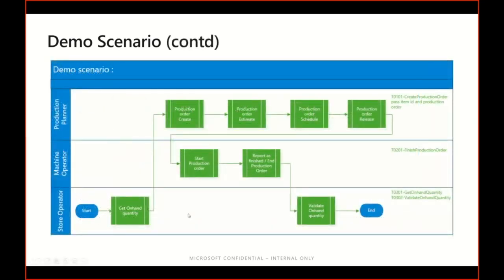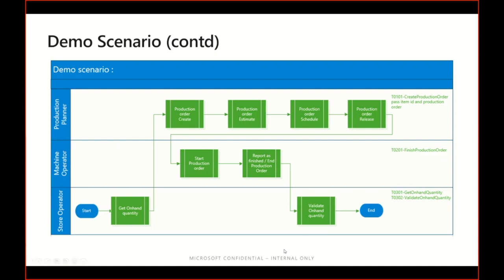So what I'm going to do is request the on-hand quantity for my item before I start my production. Then I'm going to launch my production order for this specific item that I checked the on-hand quantity for. And I know if I now go through all the steps and do the report as finished, my on-hand quantity for this specific part should actually be augmented with the good quantity that I have given in the report as finished.